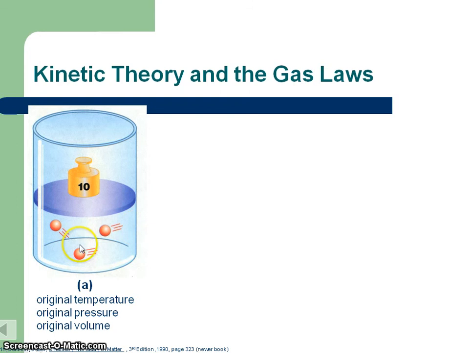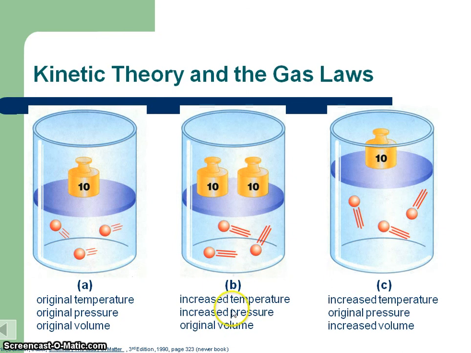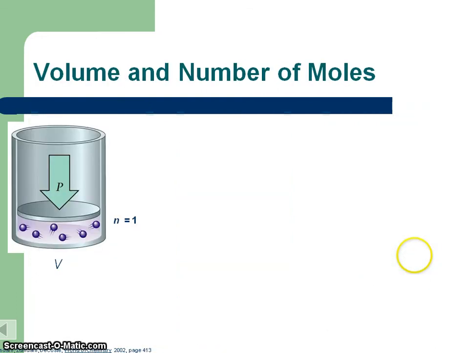So, kinetic law. Here we have original temperature, original pressure, original volume. If we increase the temperature, we increase the pressure, and we have the original volume. If we increase the temperature, original pressure, we have to increase the volume. So, these are our gas laws, guys. So if you remember the gas laws, you can get the kinetic theory.